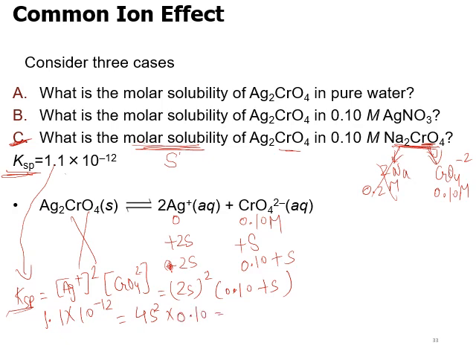That would give me 0.40 s squared. So my s would be the square root of 1.1 times 10 raised to the power minus 12 divided by 0.40. That would give me my final capital S, which is the molar solubility. So let's confirm our final numbers.